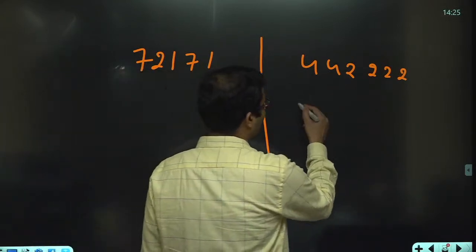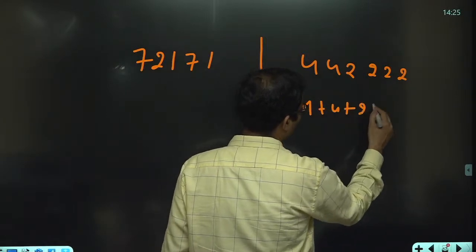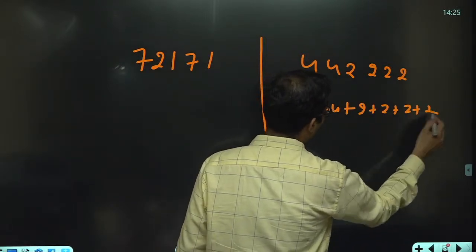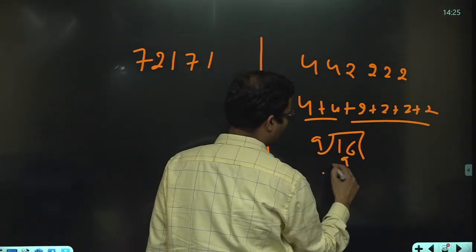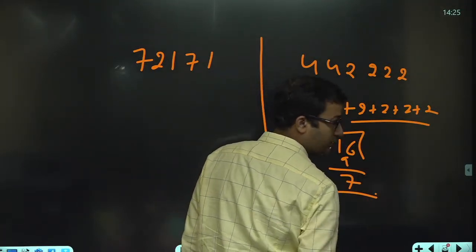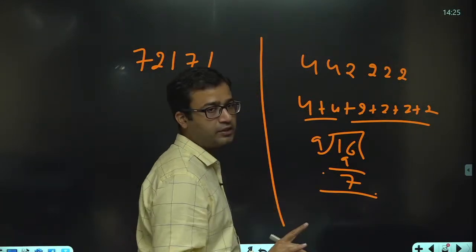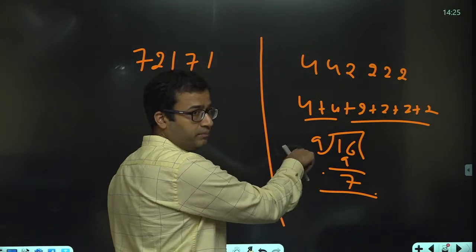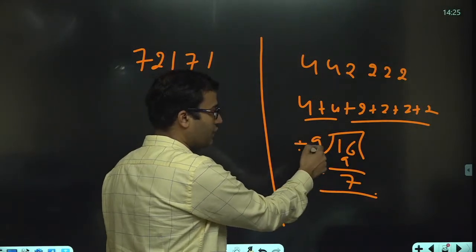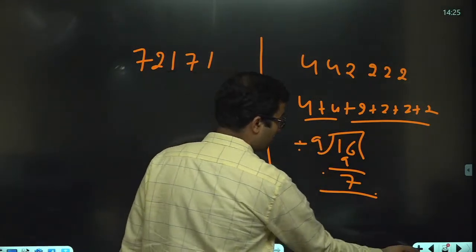So what is important here? 4 plus 4 plus 2 plus 2 plus 2 plus 2. So it is 8 plus 8, 16. 16 divided by 9, your remainder is 7. You have to check with 9. It is from the family of 3, but here the number is 9. You are checking divisibility of 9, so you have to check with 9.